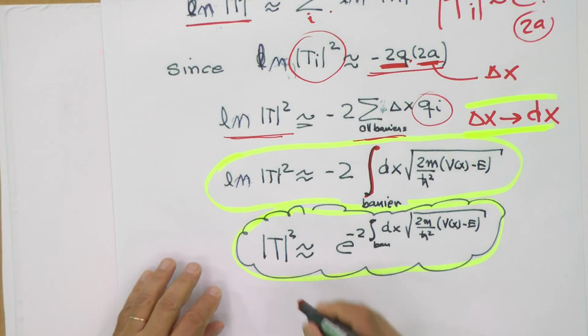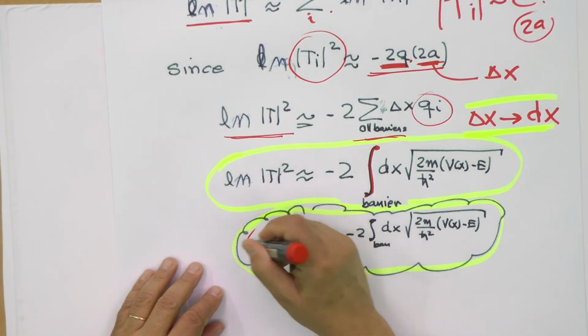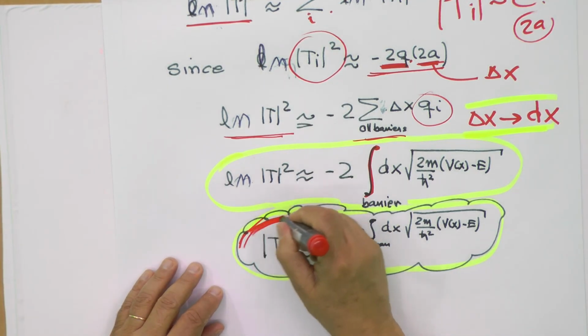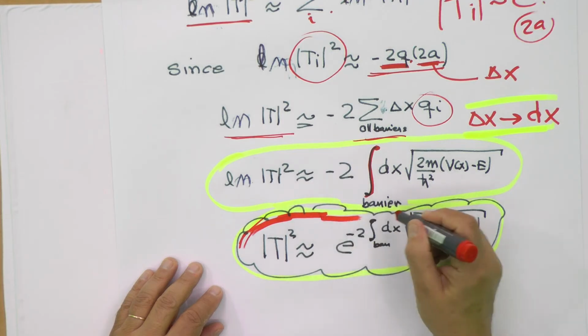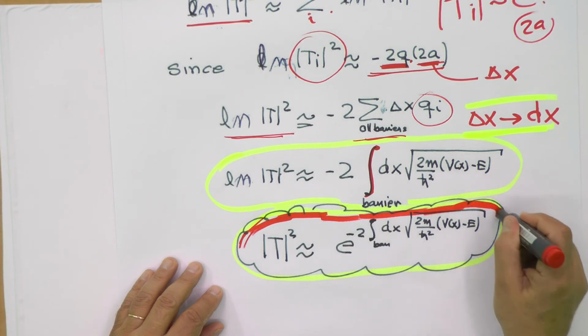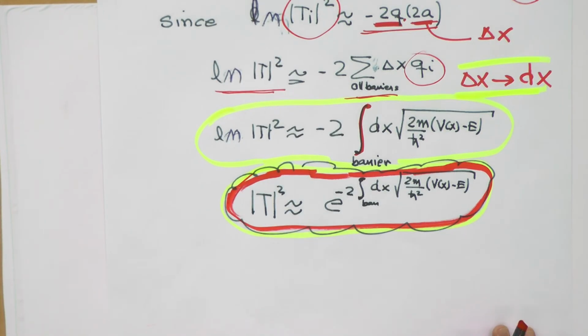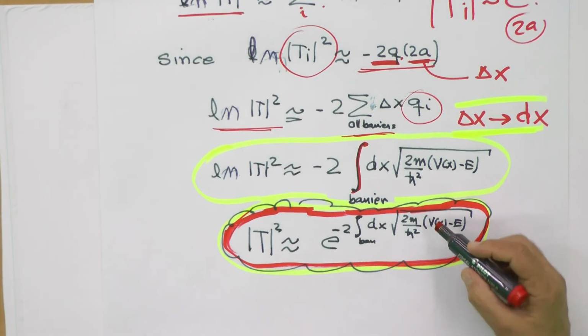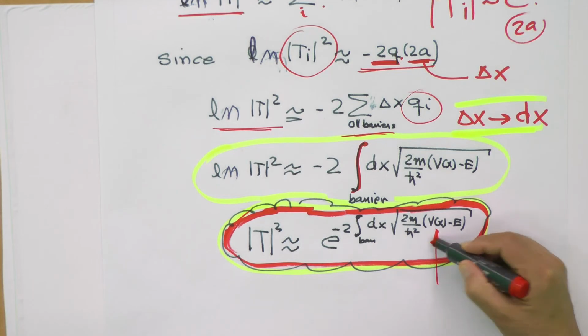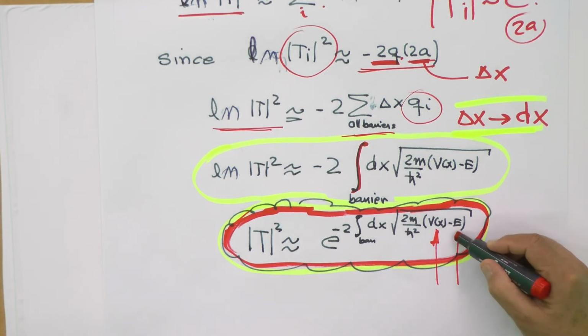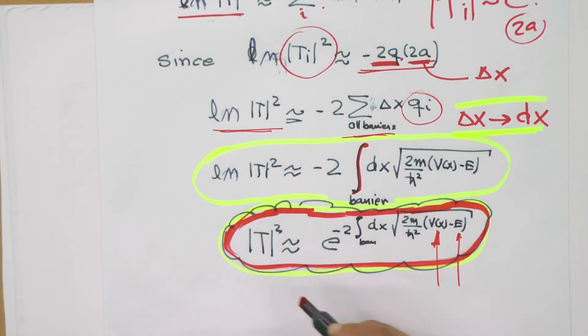The exponential of this integral is very important, and will be used as the probability of tunneling in any barrier. If I know the barrier given by this potential and I know the energy of the particles, I know the probability of tunneling. Of course, the potential must be bigger than the energy, otherwise I'm going to have a negative.